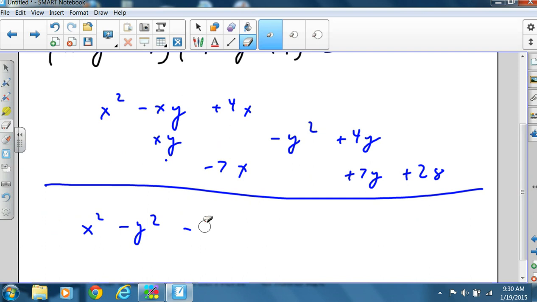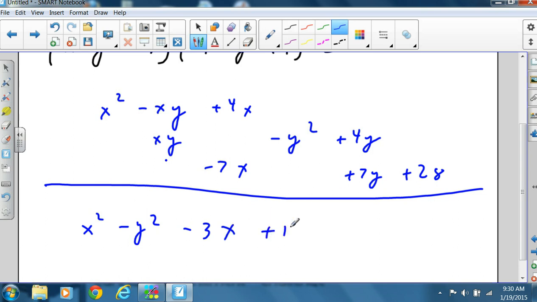So back to what we're doing. Minus 7 plus 4 is 3. So I have a minus 3x. I got a plus 11y. And I got a plus 28. And we normally write it in that order. We'd have the square terms first, and then the ones raised to the first power second, and the constant last. Now, this will boggle your mind slightly. Your mind ready to be boggled?